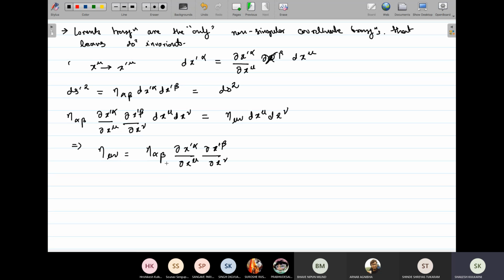Now suppose I differentiate this with respect to del x rho. What I'm going to get if I differentiate this relation, on the left hand side?